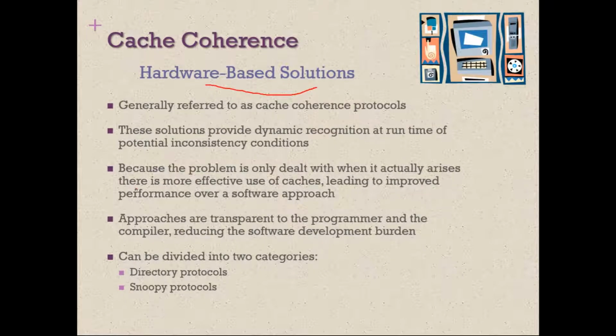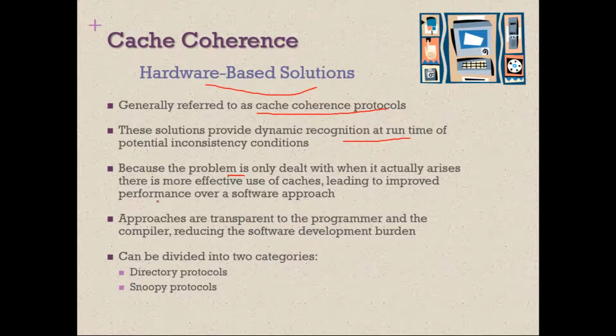Hence we are going for the hardware based approach. These hardware based approaches are generally called cache coherence protocols. They actually provide solutions at runtime, and as they provide solutions at runtime, they are more efficient.